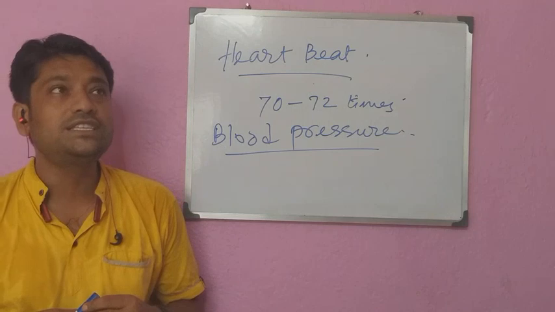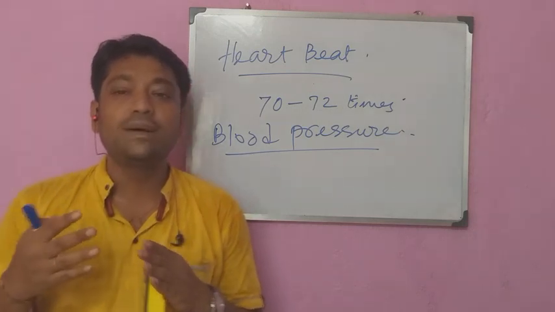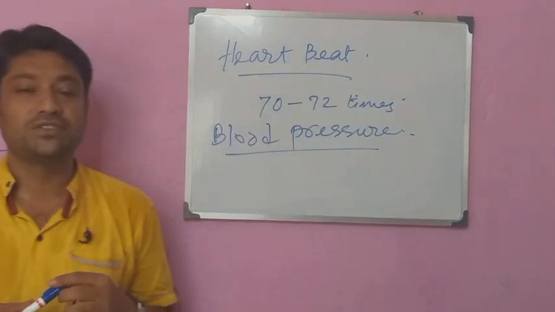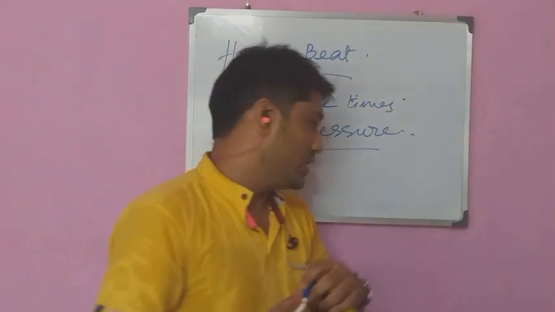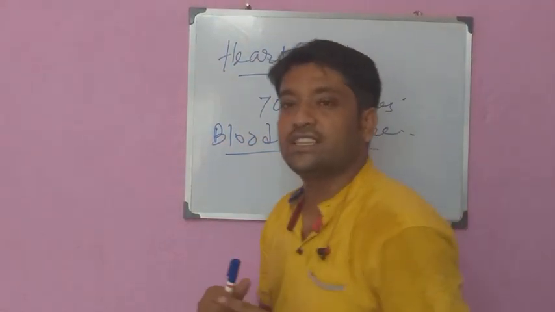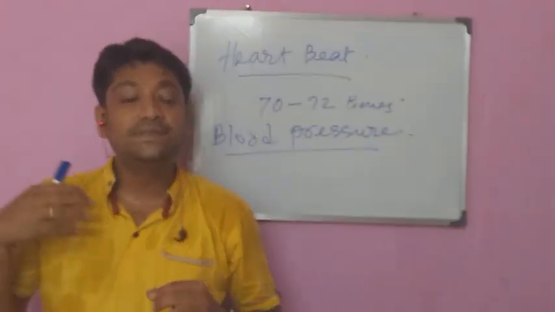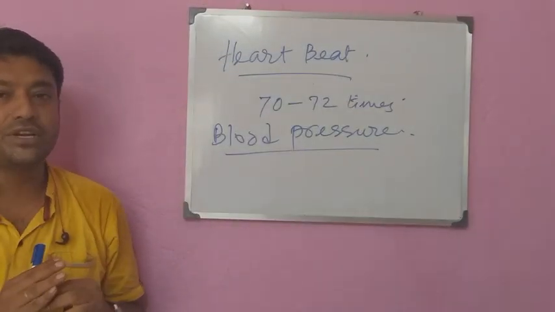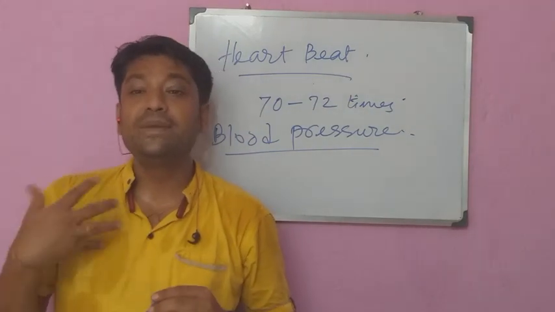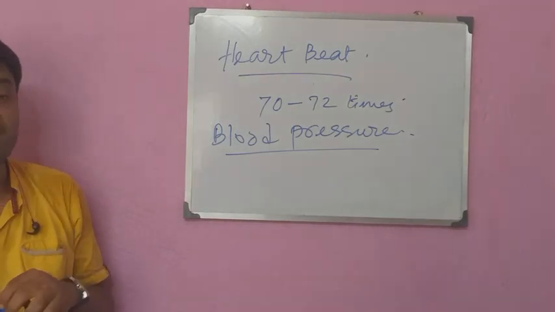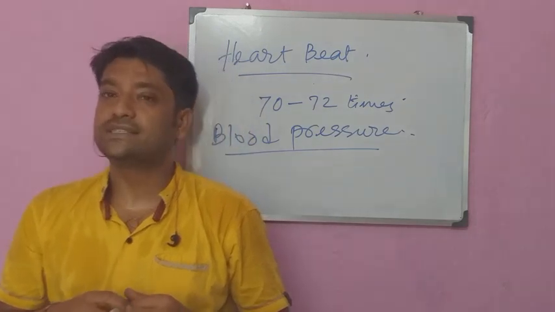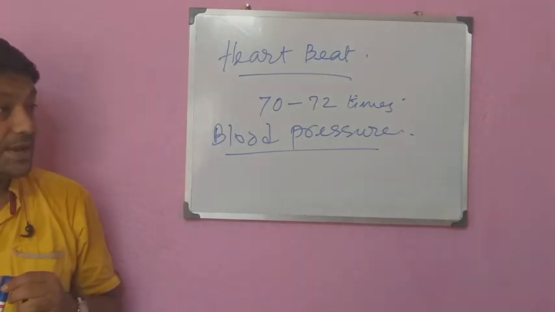The maximum pressure at which the blood leaves the heart through the main artery during the contraction phase is called systolic pressure, and the minimum pressure in the arteries during the relaxation phase of the heart is called diastolic pressure.